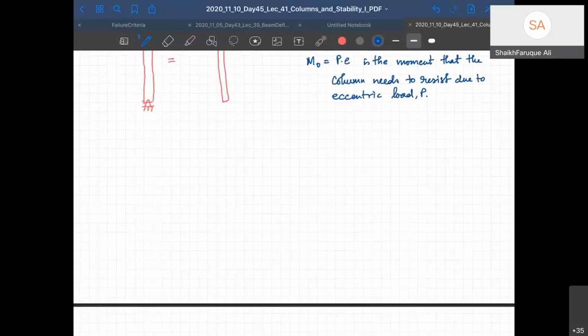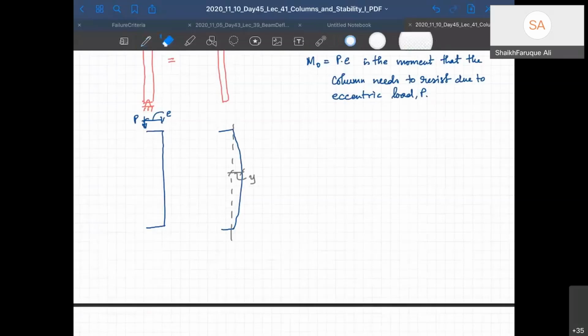So let's say my structure is like this, and with a load here P. So when it bends, let's say this is my Y. Okay, and there is this load that is here. Let me draw it straight, otherwise it will become non-linear.